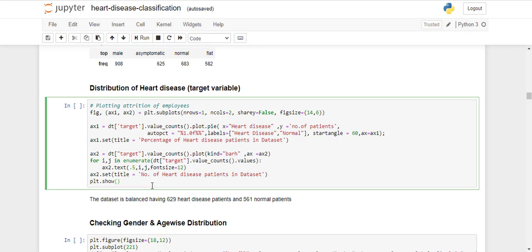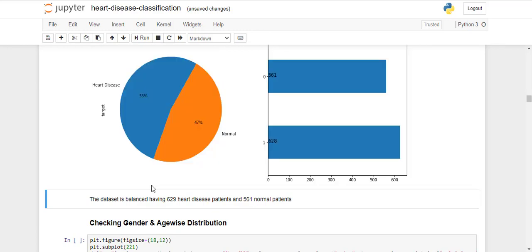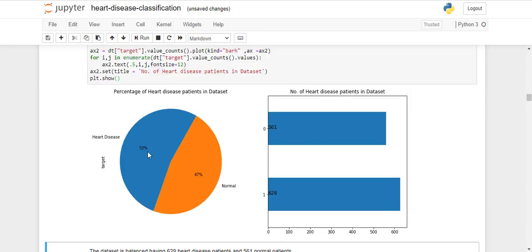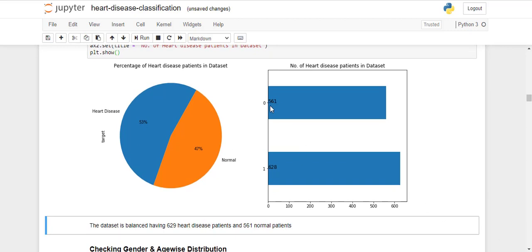Yeah, the data is balanced. 53% have heart disease and 47% are normal patients. In numerical terms, normal patients are 561 and heart disease patients are 628. Okay, so the data set is fully balanced, no issues.